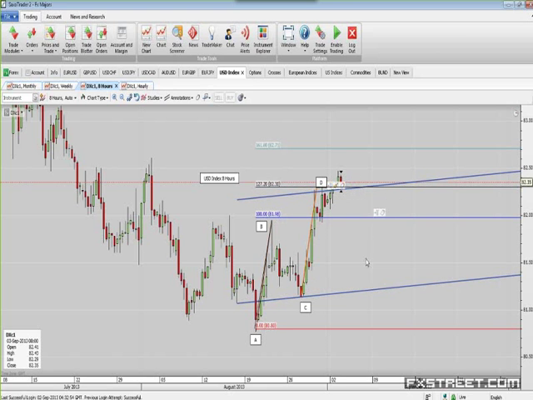It has rejected it only slightly at the moment, but my bias is still for a move to the upside and then potentially a correction back to test this breakout level, and then a move back up. So at the moment, mild dollar bullish bias. Okay, any questions about the dollar index?